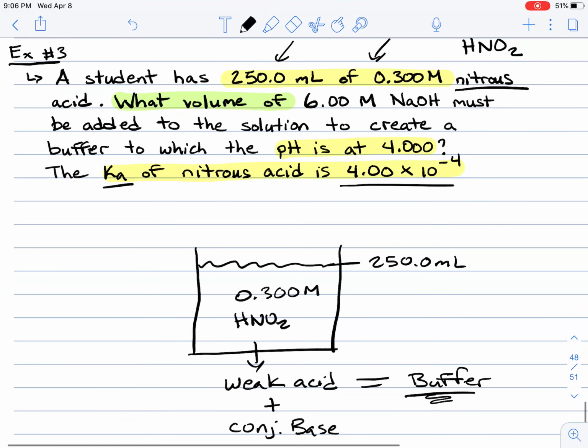If you read through the problem, notice that the problem didn't really indicate the presence or the addition of the conjugate base. However, it is telling us that we're adding 6 molar sodium hydroxide. So we're going to go ahead and add NaOH.